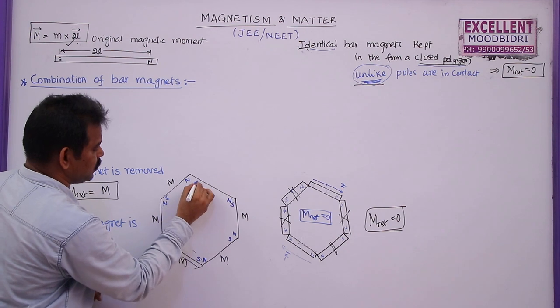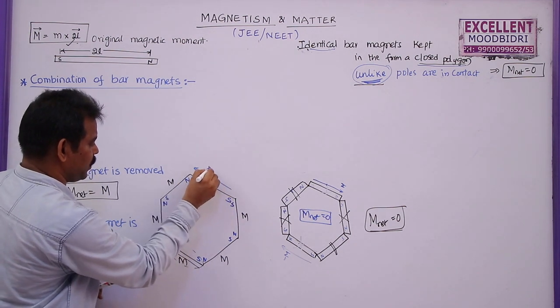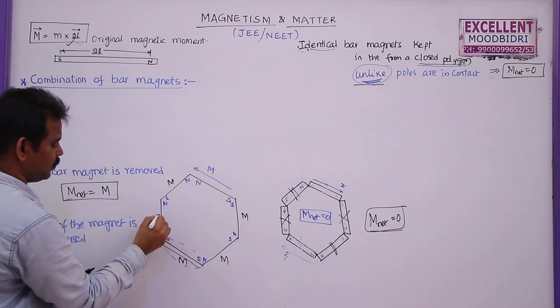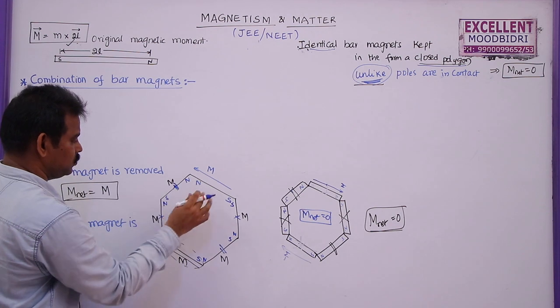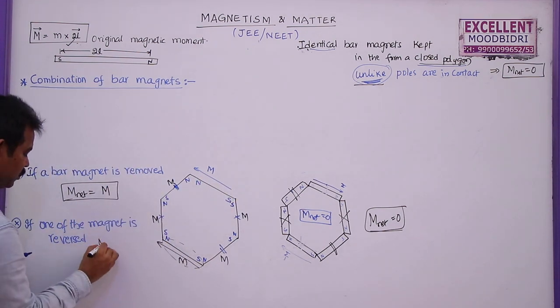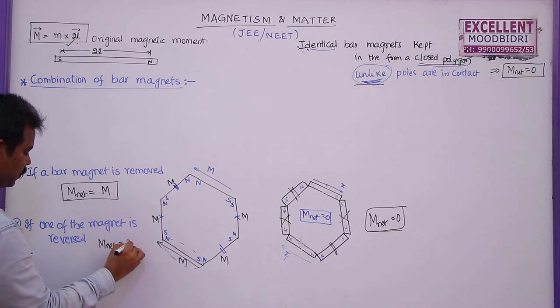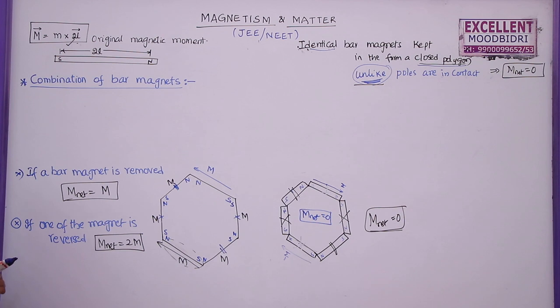This will become north, this will become south. So this is the direction of magnetic moment, and this is the direction of magnetic moment, but this one cancels out. So these two are acting in the same direction, then the net magnetic moment will become 2m here. Similarly, this is the second case, so this will be the first case.